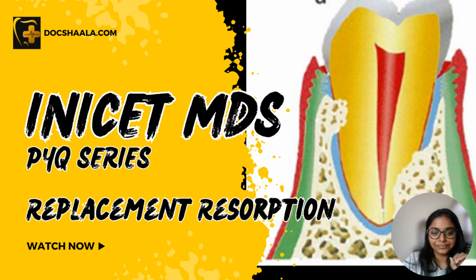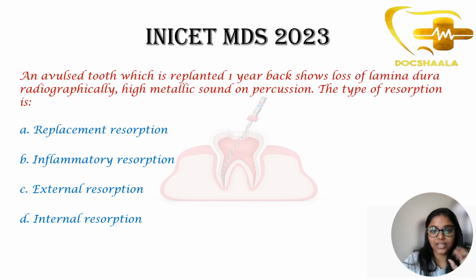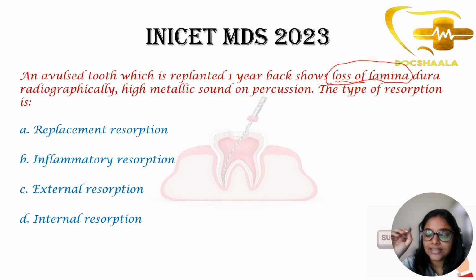There was a question asked in a recent 2023 exam. An avulsed tooth which is replanted 1 year back shows loss of lamina dura radiographically, and a high metallic sound on percussion.